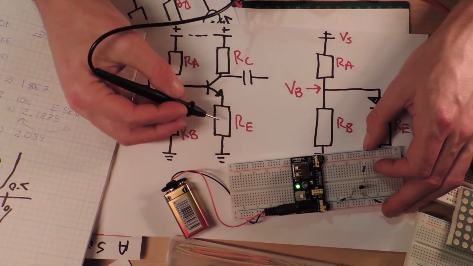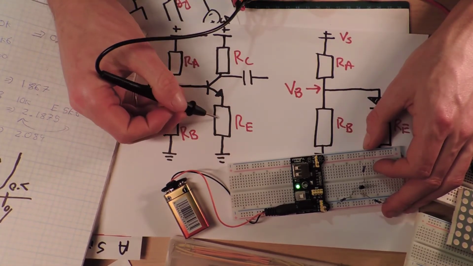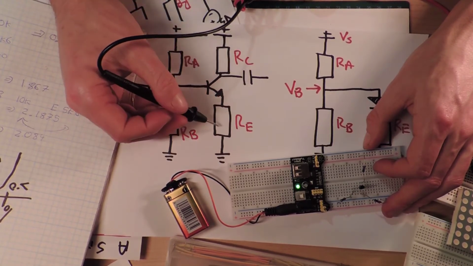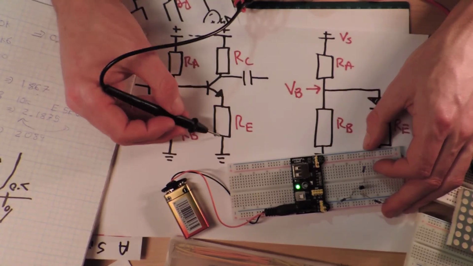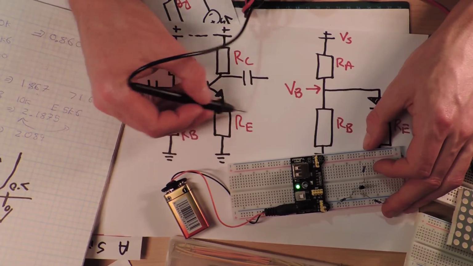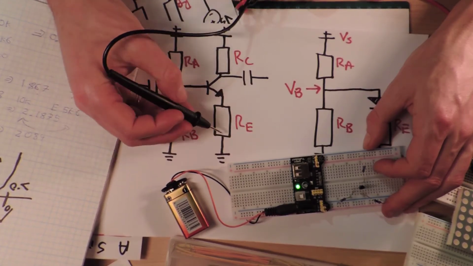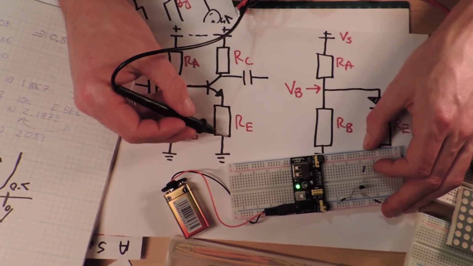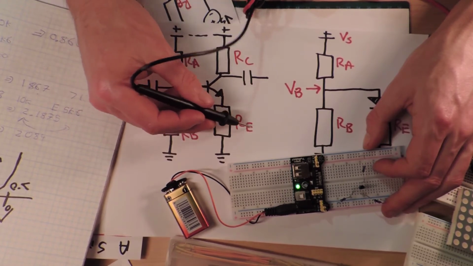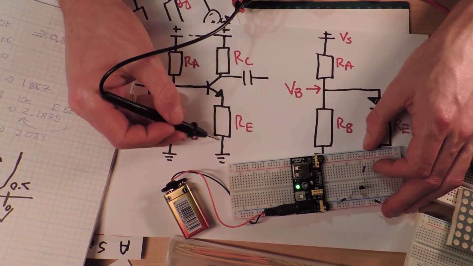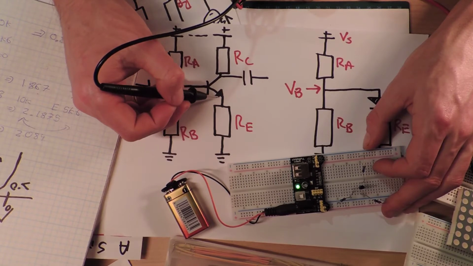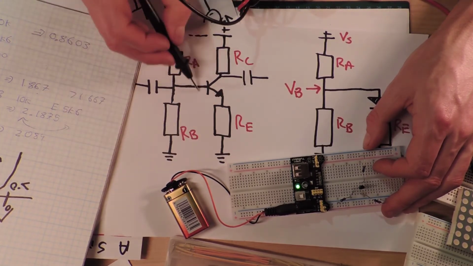So the current at the emitter is the base current plus the collector current. When you add that in, the voltage drop across the emitter is going to be much higher because there's much more current going through. V equals IR: if you've got more current, then you're going to have higher voltage. So that's going to give you a different value.